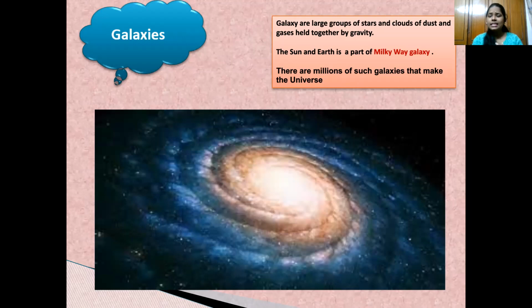So apart from the Milky Way galaxy, there are many more galaxies. Millions of galaxies are there in the universe, and all the galaxies together form the universe, right? So this is what a galaxy is, and our galaxy is the Milky Way galaxy.